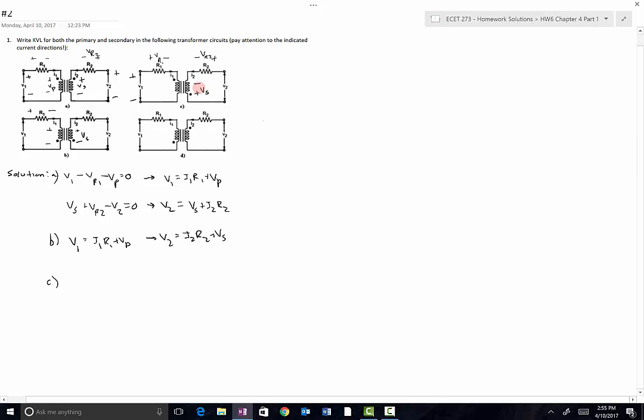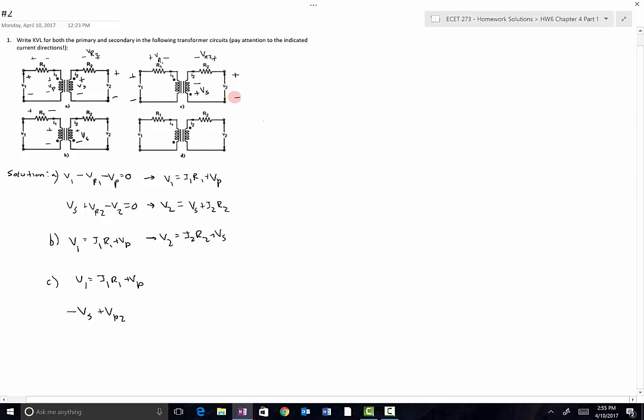So now what I need to do is write KVL for both sides. I can see that this circuit hasn't changed at all, so that's still V1 equals I1 R1 plus VP on that primary side. If I look at the secondary side, I just need to go around the loop. Oops, I forgot to label those. Just need to go around the loop here, and so I've got a voltage drop, that's negative, minus Vs. I've got a voltage rise, that's positive, plus VR2.